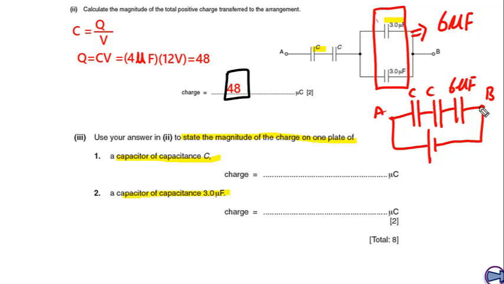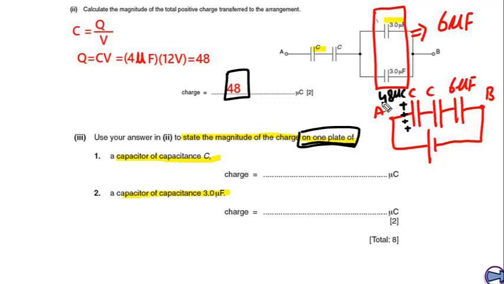And these capacitors are now connected in series. It means each plate has the same amount of charge. So the amount of charge on this plate is equal to 48 microcoulombs, but this is positive charge. So this plate has net charge 48 microcoulombs. That's the reason the question was also asking about one plate.